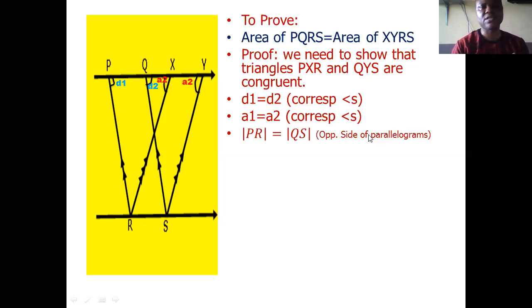If that is the case, two angles are respectively equal in the two triangles, and corresponding sides are equal, then we say that triangle PXR is congruent to triangle QYX. Our reason is angle, angle, side. That's the principle of congruency here.